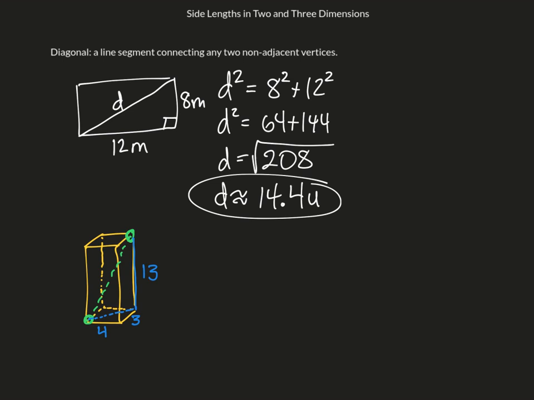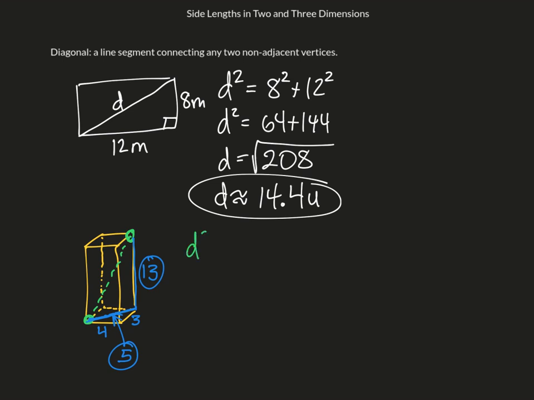Well, the diagonal of the base, can you recognize our Pythagorean triple? It's going to be 5, because this is a 3, 4, 5 triangle. So now I'm going to use 5 and 13 to get my three-dimensional diagonal.